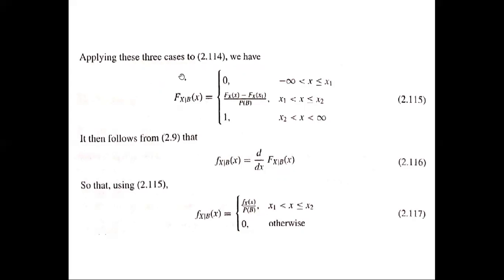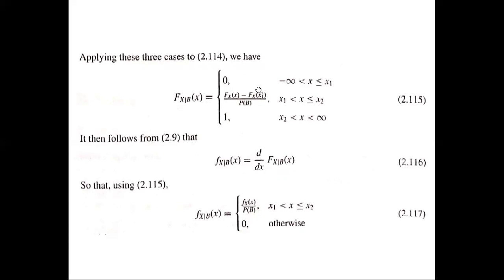And the conditioned PDF will be just the differential of this. If you differentiate 0, you'll get 0. If you differentiate this, you'll get again 0, because this is also a constant. Only the differential of this will give us a value like this, because if you differentiate this, we'll get the PDF corresponding to this.